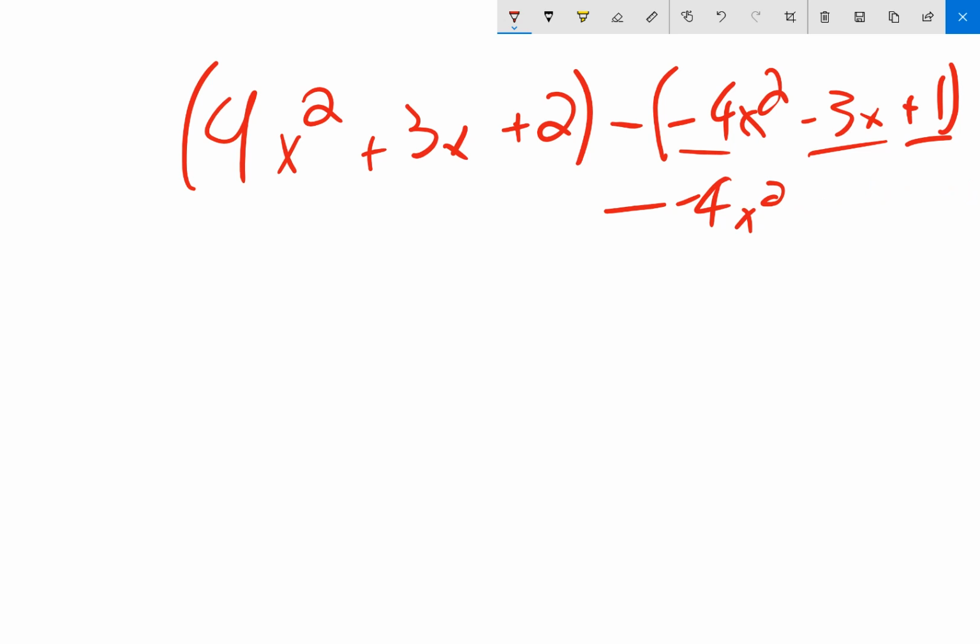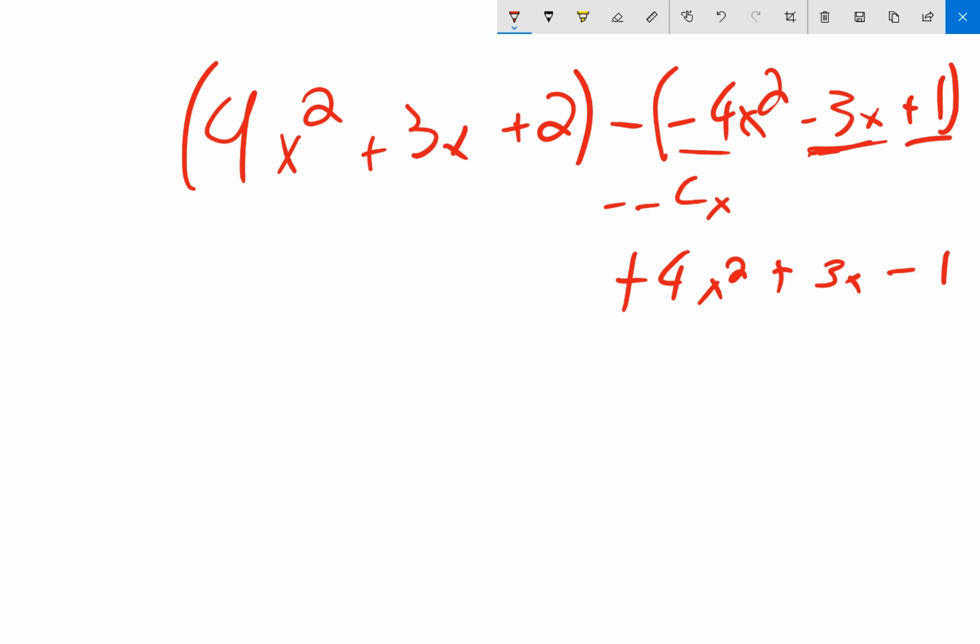So in essence, when you subtract a negative 4x squared, that's going to make that a positive 4x squared. When I subtract a negative 3x, subtracting a negative again makes that a positive. So it's going to make that plus 3x. And then when I'm subtracting a positive 1, I'm just subtracting a 1. So it's just going to be minus 1.